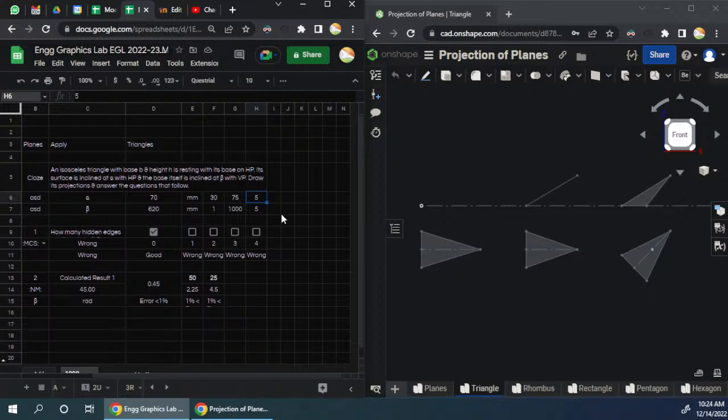We can take 5, no problem. And the same thing needs to be taken over here. Just drag it down there. So you can see the two angles are generated between these two limits, and the values that we get here are always multiples of 5.